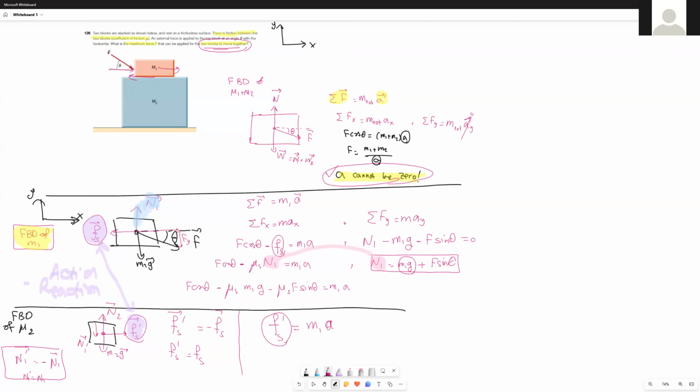So we can place this Fs prime into the equation that we got for this equation for M1 and find out an expression for F. Let me highlight it with green.